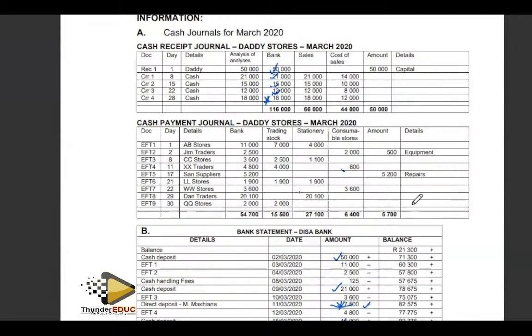Okay, so now we're going to compare our bank column with our debits.